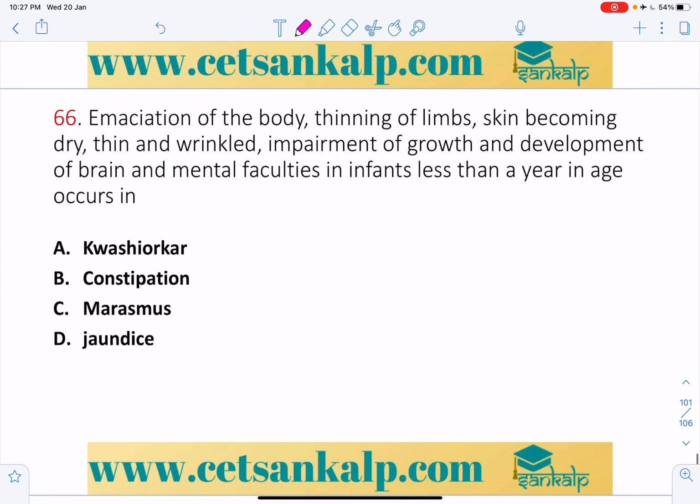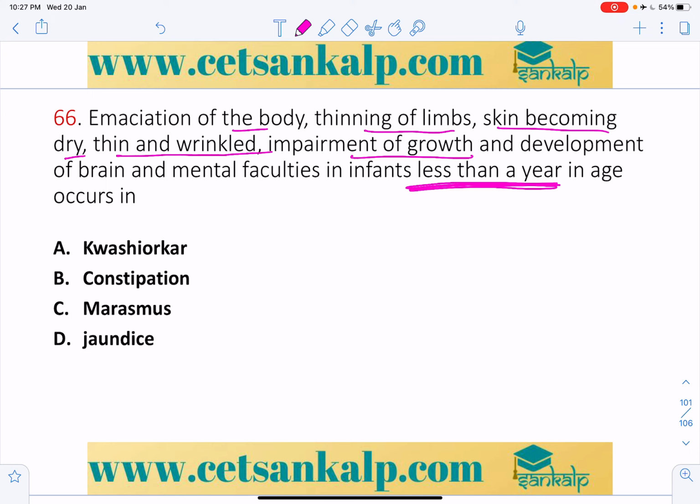And emaciation of the body means thinning. The volume of the body decreases, with thinning of limbs, skin becoming dry, thin, wrinkled, and impairment of growth and development, mainly of the brain and mental faculties, which occurs in infants less than a year old.